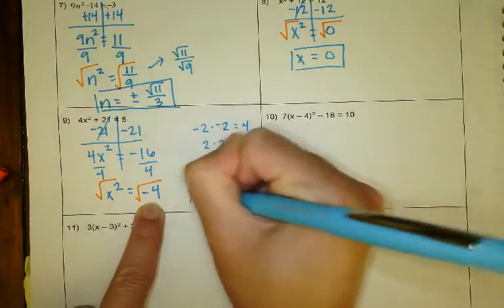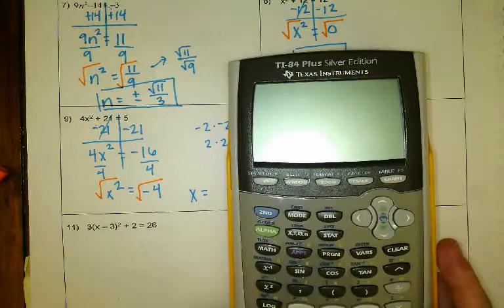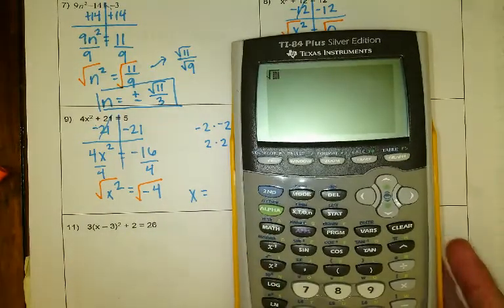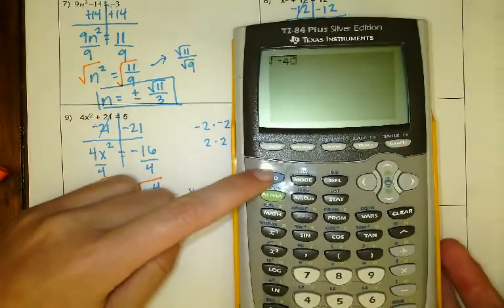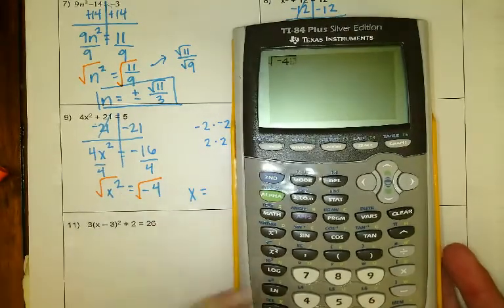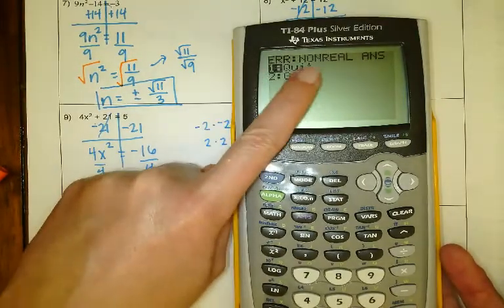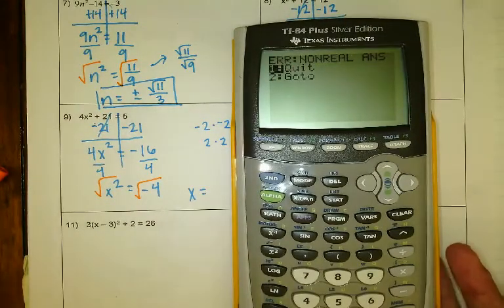So in your calculator, if you have a graphing calculator app, I'm just going to show you what would happen. Anytime you try to take the square root of a negative, so that square root symbol is second, x squared, just as a reminder, you get an error because it's a non-real answer. In Algebra 2, you'll actually learn that imaginary numbers exist.